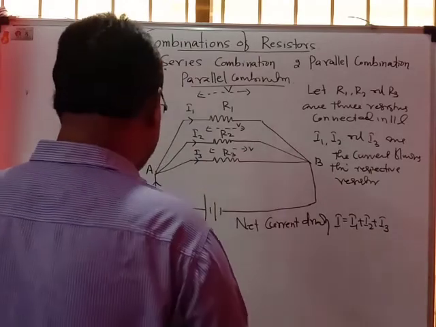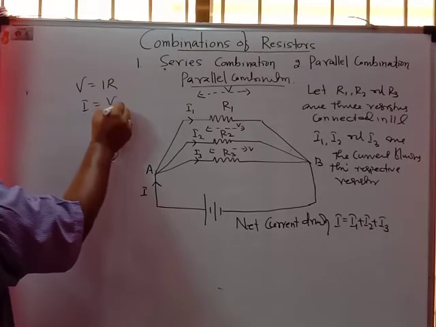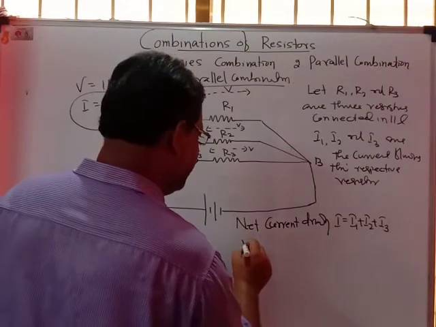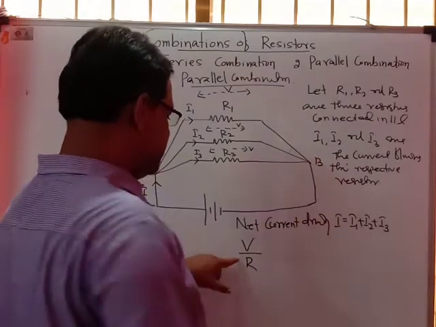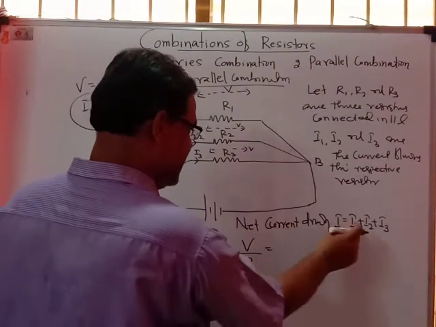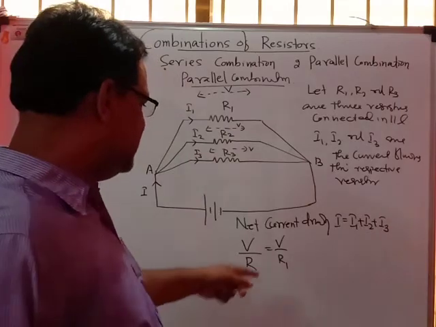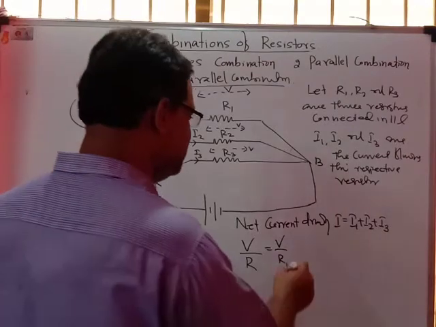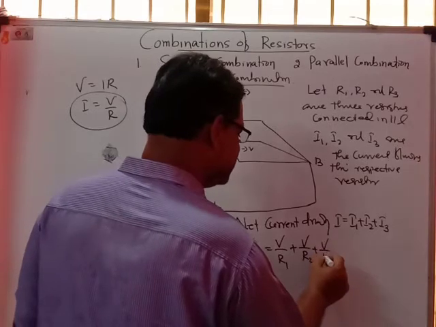From Ohm's law, you know V equal to IR, so I equal to V upon R. In place of I, the net current equals the net potential difference V upon the net resistance R. This equals, in place of I1, V upon R1, because the potential difference is the same across each resistor, plus V upon R2 plus V upon R3.